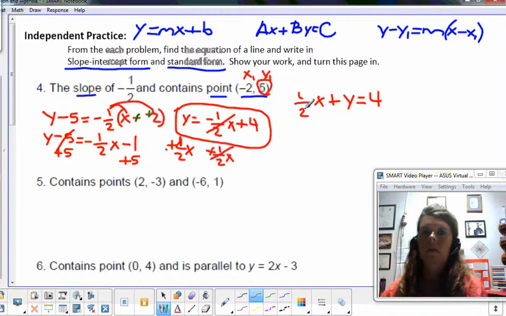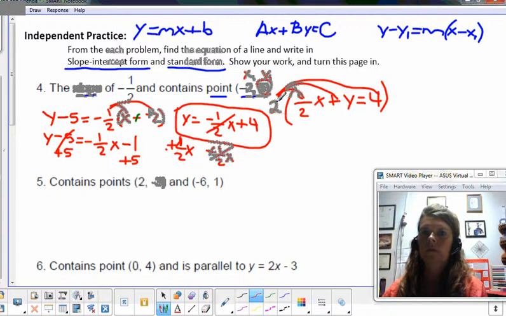So the one thing that we didn't stress today in class is that this a, this b, this c have to be whole numbers. So we have to get rid of this 1/2. Whenever you have a fraction and you need to get it in standard form, what you do is just multiply by the bottom number. Whatever this bottom number is, multiply by that. So we're going to multiply everything by 2. So 1/2 of 2 is 1.